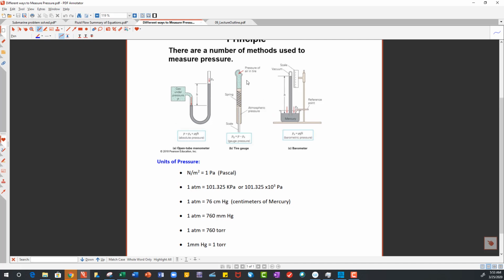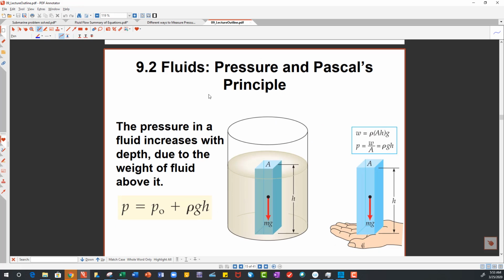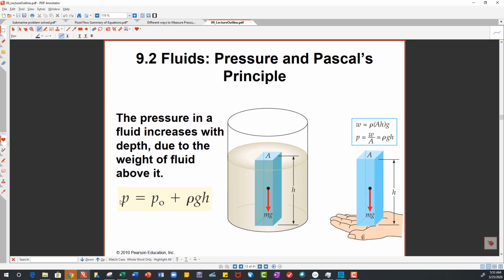Then if I refer back to the presentation handout for the textbook, if you go to this slide here, you can see the equation for pressure. So what does this equation really mean? It means if we have a column of water of this area here, then the pressure that would be felt on the hand, for example, would be the weight of this column of water.